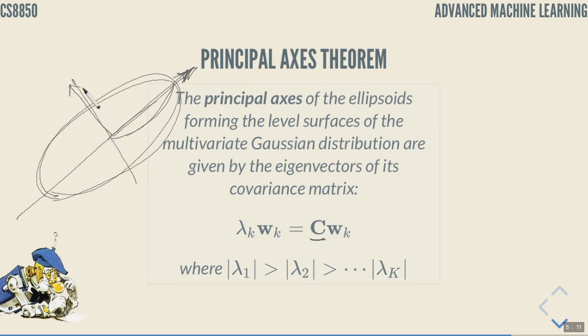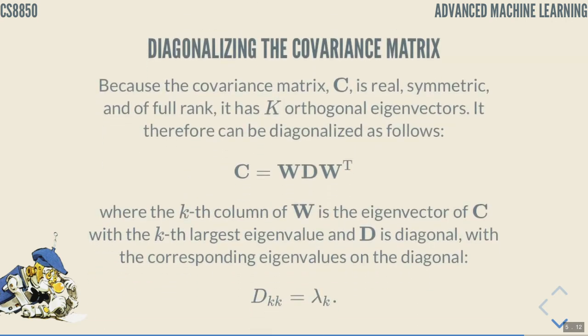Then the minor axis will be the eigenvector corresponding to the smaller, or smallest in the 2-dimensional case, eigenvalue.